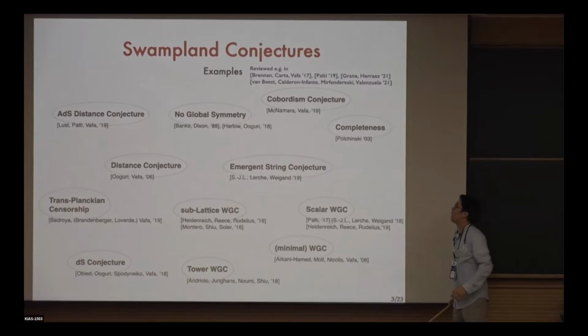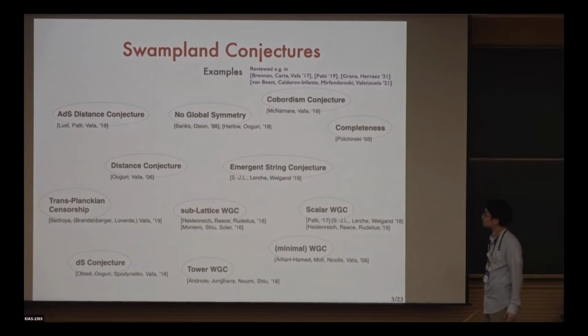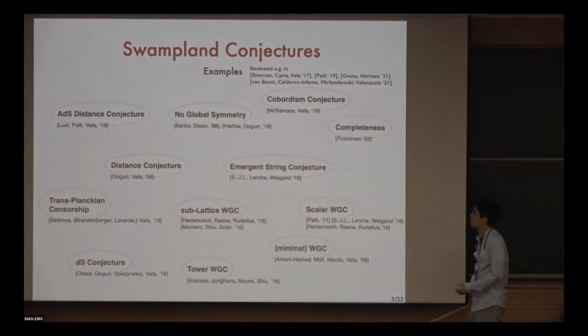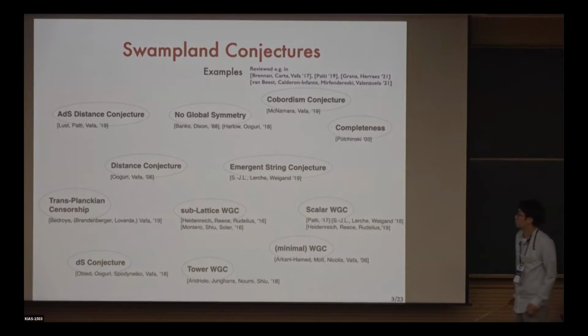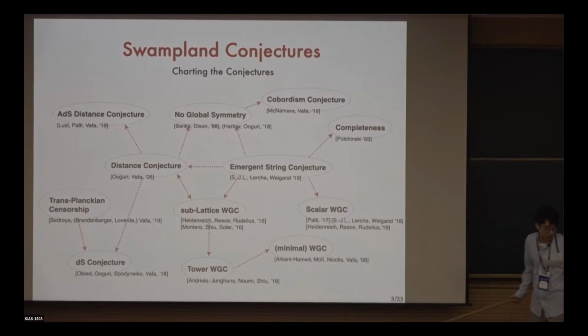in which a variety of conjectures are proposed and studied about universal features of all consistent effective theories of quantum gravity. So in order to put our story of non-minimal 7-branes also into this different context, let me briefly introduce 2 of these conjectures, which arguably sit at the heart of this intricate web of conjectures. One is the so-called distance conjecture, and the other is its refinement known as the emergence conjecture.